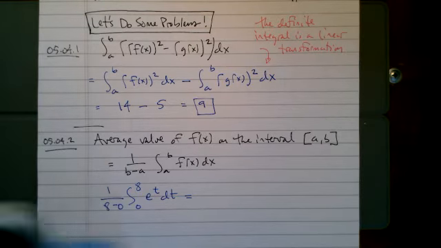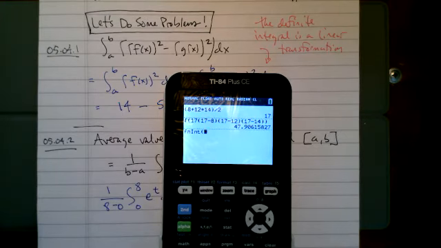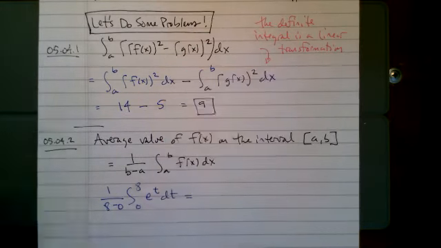We can just do the integral of e to the x with respect to x from 0 to 8, and then divide that by 8. So it says 1 decimal place, so 372.5.